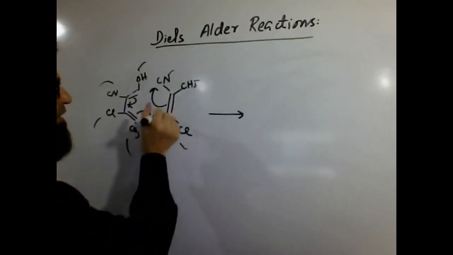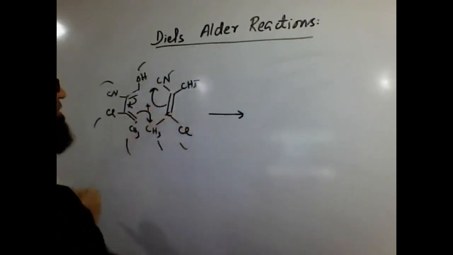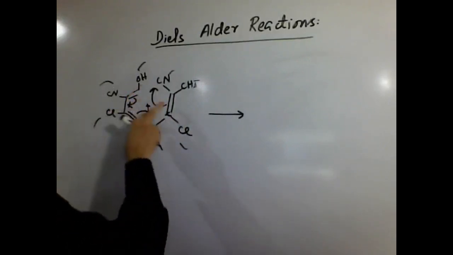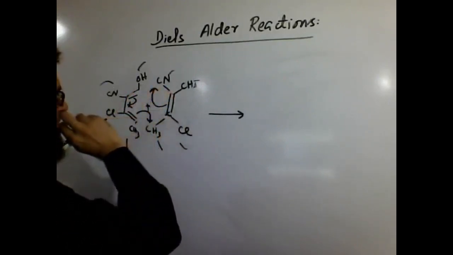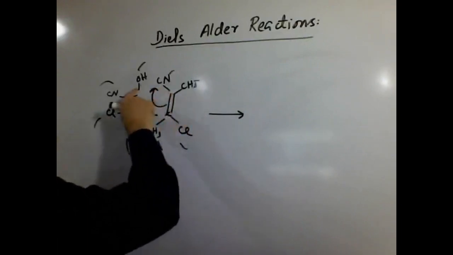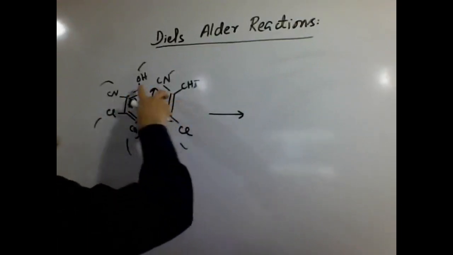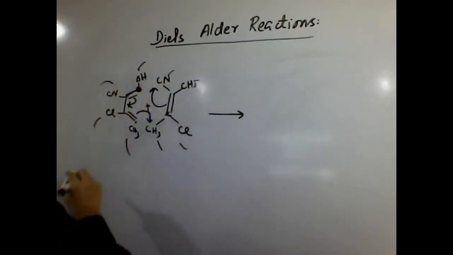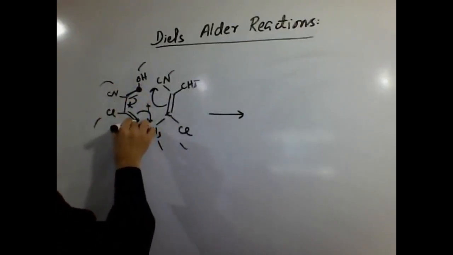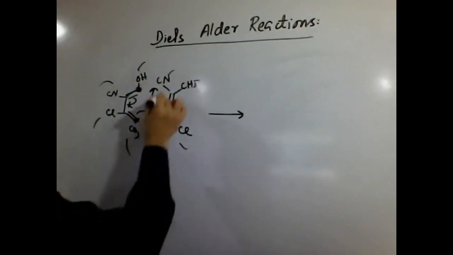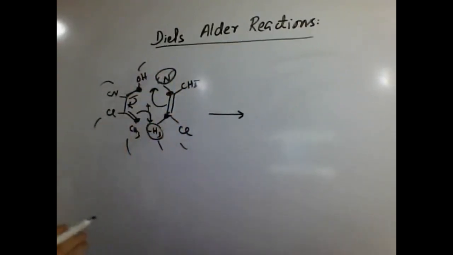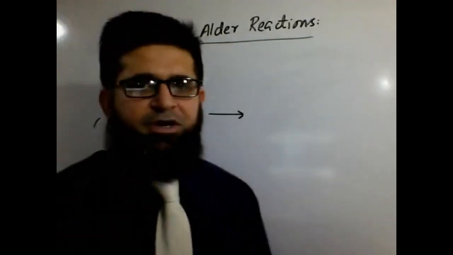This carbon of the double bond has to make the bond with the double bond. Similarly, this bond has to react with this carbon. Over here, this carbon and this carbon are the reacting ones. These carbons, which carry the substituents, will not be a party. They will not be a part of the reaction.